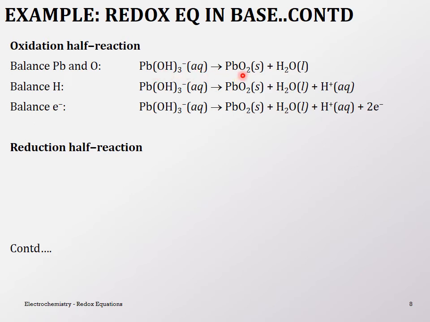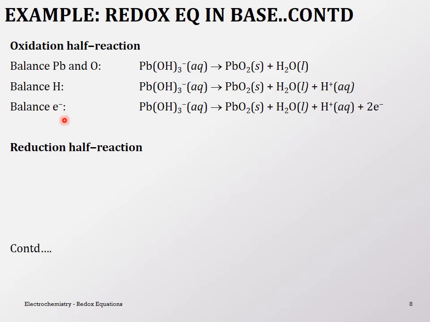Oxygen, we have 2 here and 3 here, so we need to add 1 molecule of water to balance out the oxygen. Then you balance the hydrogen. There are 3 hydrogens over here. We added 2 for the water, and so we had to add 1 more H plus in order to balance out the hydrogen. So now we have 3 hydrogens here, and pretty much everything is balanced out now.